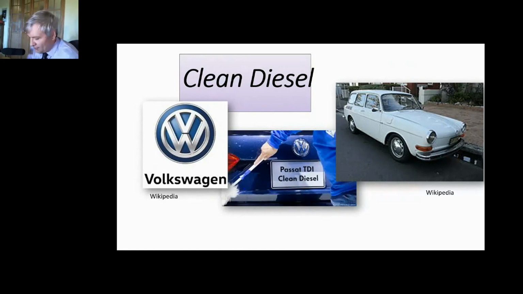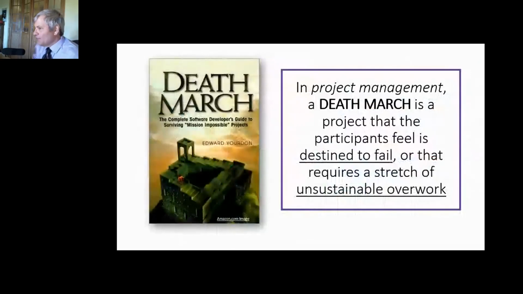I'm not suggesting that this is what happened, but they decided to go with it just for a few weeks until they got the right thing, because it's probably that the Volkswagen project had become a death march, and a death march is basically a project that the participants eventually believe is destined to fail, and people get worn out.